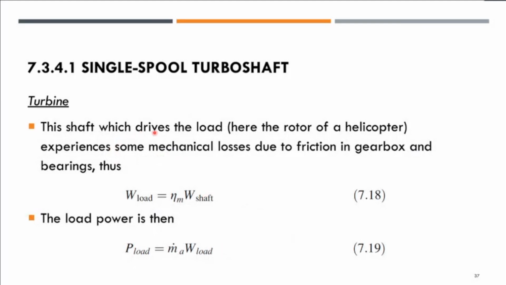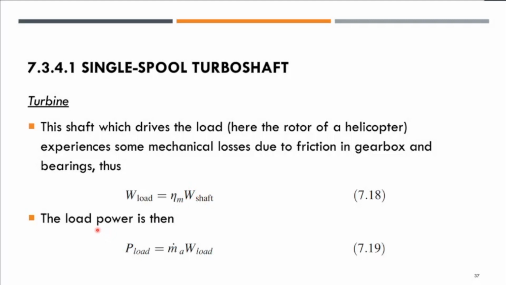This shaft which drives the load here, basically the rotor of the helicopter blades, experiences some mechanical loss. And of course, it's not 100% efficient, right? There are mechanical losses due to friction in the gearbox as well as the bearing, and normally the load power equals the mechanical efficiency times the shaft power.